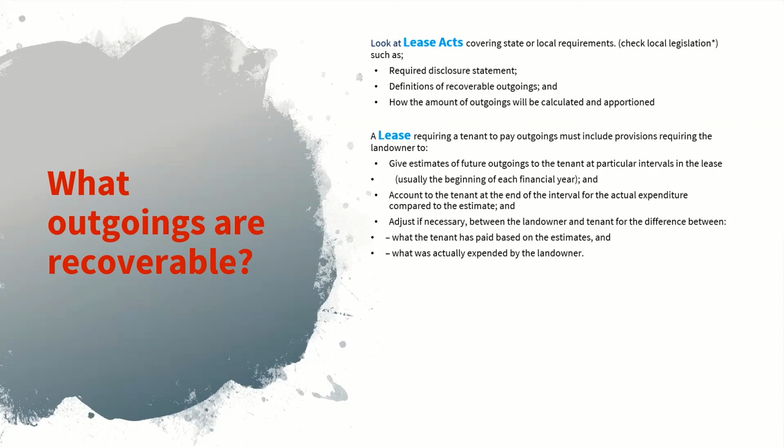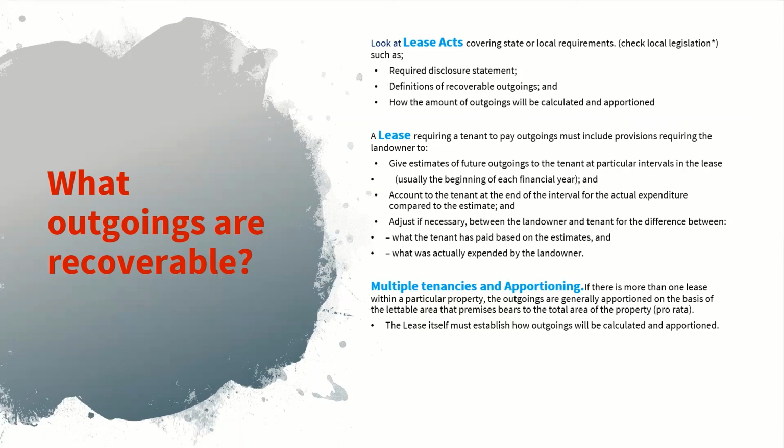So typically, a budget is prepared and outgoings are levied on the basis set out in the lease. There's an audit at the end of the year and a reconciliation. If there's a shortfall, then further charges may be levied to the tenant, but that's been well defined. If there is an overpayment by the tenant, then there is typically a rebate or repayment to the tenant of any over expenditure.